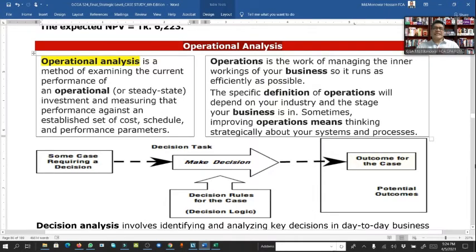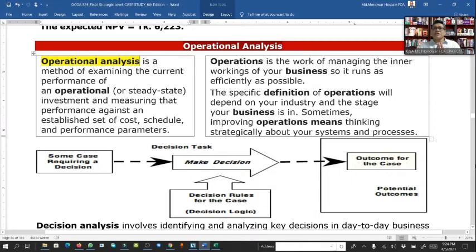So operational analysis is a method of examining the current performance of an operation or investment and measuring the performance against an established set of cost, schedule and performance parameters, or sometimes we call that KPI, key performance indicator.